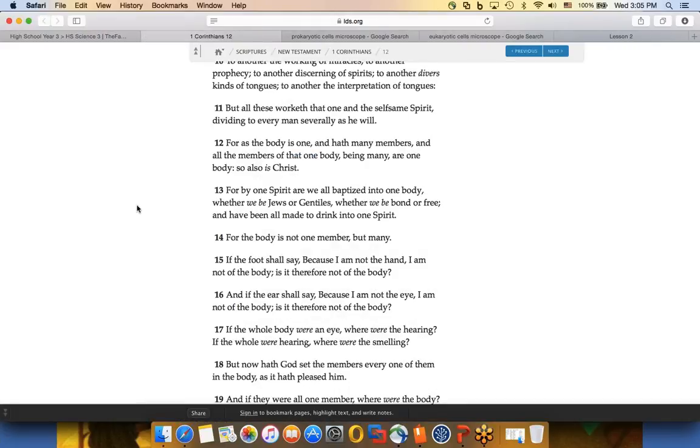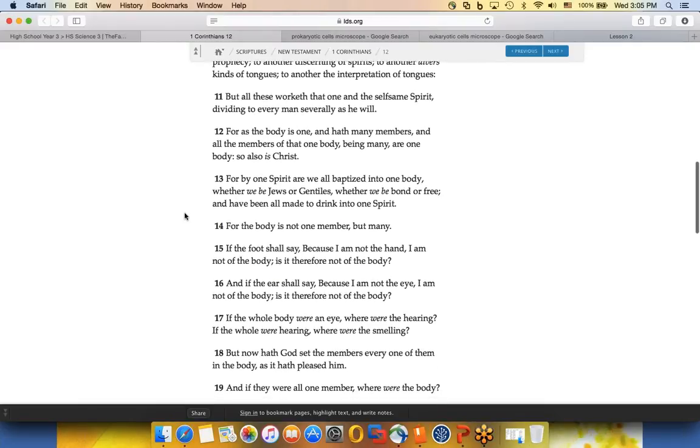This is the first time that the Apostle Paul, when he's writing this letter, uses the word member, referring to the members of the body, the different organs of the body.